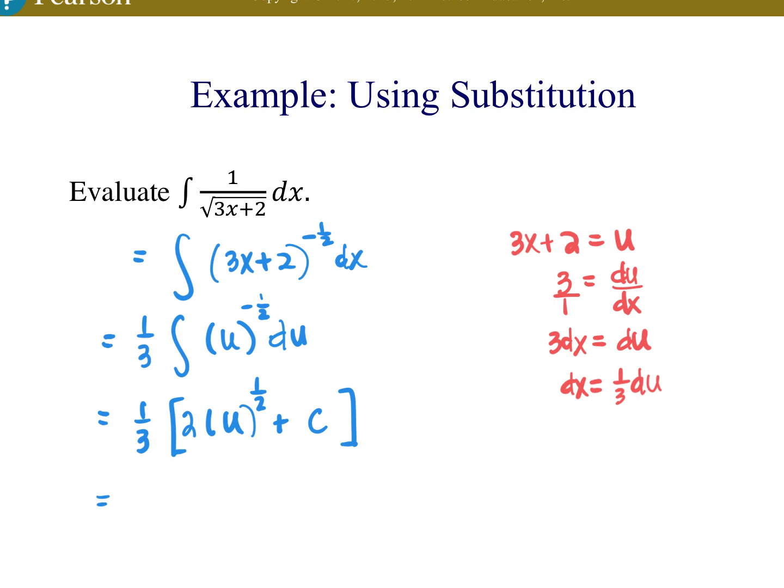So that would give me, I can combine it, 2/3, because that's the 1/3 and the 2 combined, parentheses, 3x plus 2 to the half, or you can use a square root, it doesn't matter to me. And then plus 1/3 of the constant c.